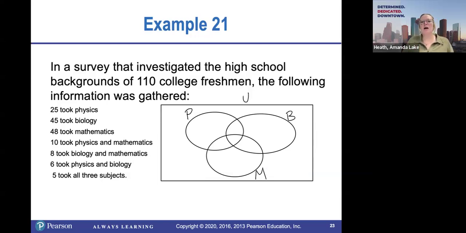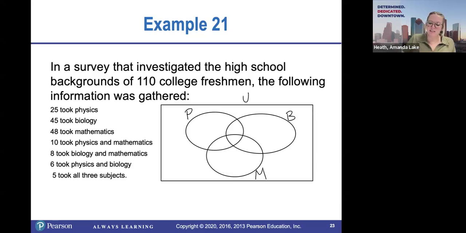So I'm going to be asked questions like, how many students took biology, but neither physics nor math? Or how many took biology, physics, or math? How many took none of the three subjects? So my goal is to fill in this Venn diagram using all the information I have.